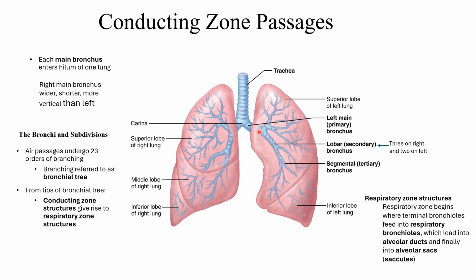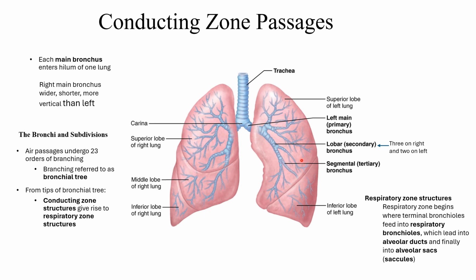Now these primary bronchi divide into secondary bronchi, or lobar bronchi. It means one bronchus per lobe. There are two lobar bronchi on the left and three lobar bronchi on the right, because as you can see there are three lobes on the right side and two lobes on the left side.